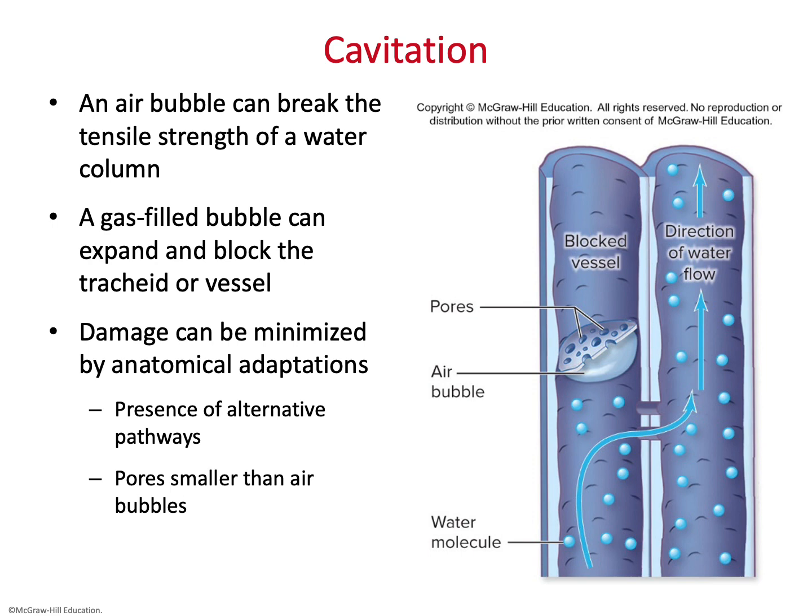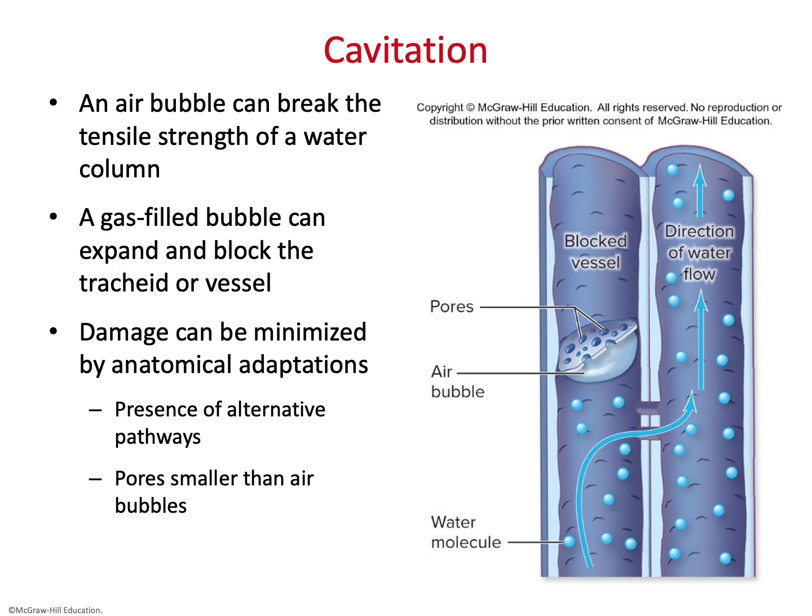So the tensile strength of a water column is usually strong if it is not broken, but air bubbles can cause this tensile strength to break. Usually air bubbles get introduced into the column when a vessel is broken, or sometimes any other accident can happen where an air bubble can be introduced into these tubes.